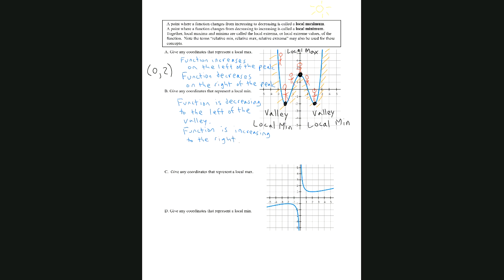So the curve has to go down and then back up. If it doesn't go back up, then it's not really a valley. So what are the coordinates here? -2, -2, and 2, -2. There are two local mins.